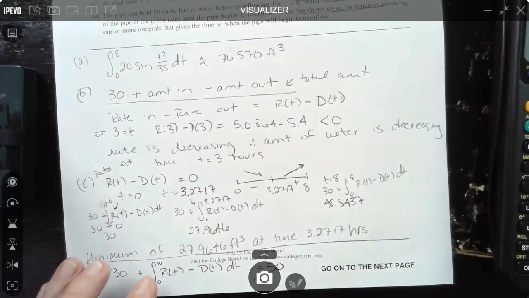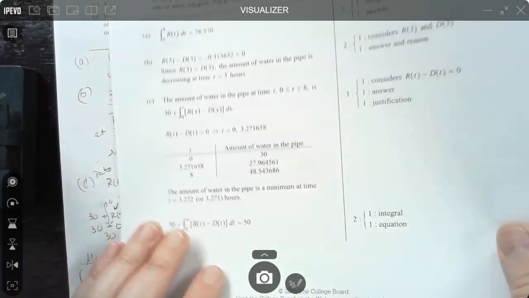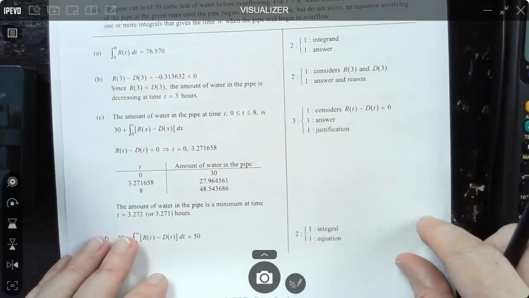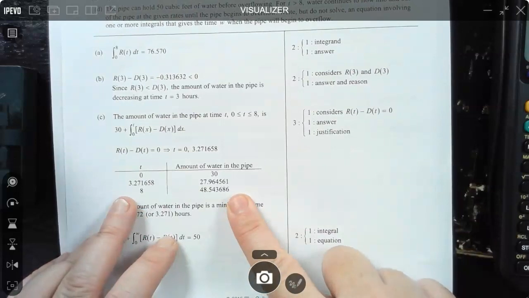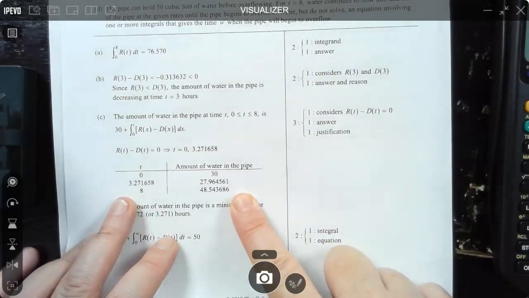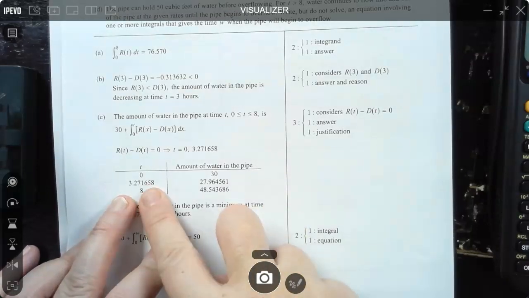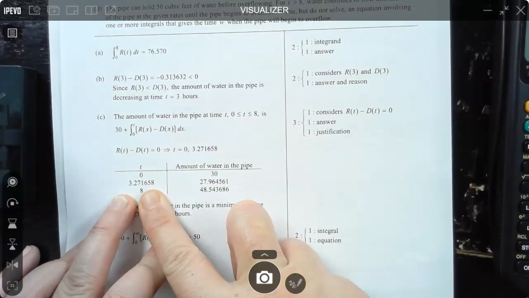Let me show you their justification, and then we'll talk about it. All right, so their justification is a table of values here. That's literally all. But I think if you put it in words, since there's only 1 zero in this interval, and it goes from decreasing to increasing, there's no way it would not be a minimum.